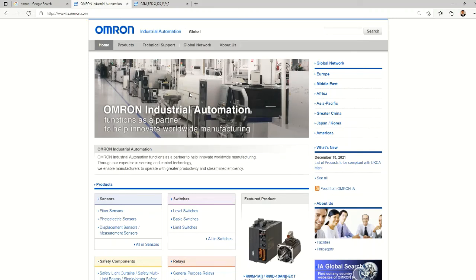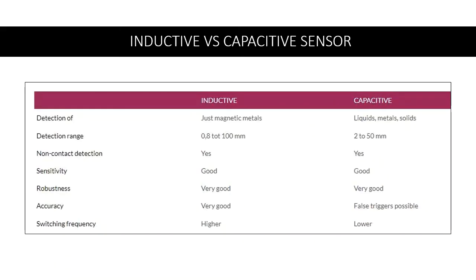So this is all about capacitive sensors, how they work, and how you can get the specification of these sensors, how you can order the sensor from the site, what is its ordering code. So all these things. So let's see what is the difference between the inductive and capacitive sensors. So we have seen that inductive sensors can detect just the magnetic metals, and it is based on the magnetic field.